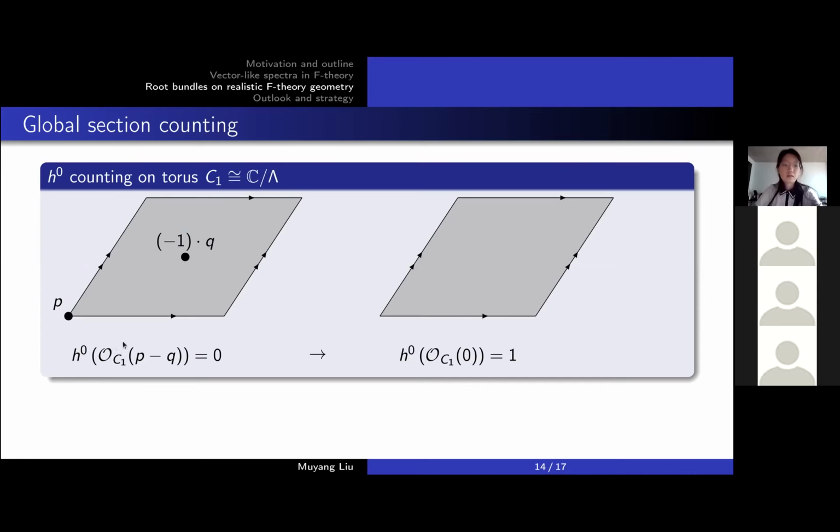If those 2 points differ, meaning they sit on different positions on the torus, then we conclude that the divisor localized on this curve is non-trivial. Then it is associated with vanishing local section counting on the torus. If we move the Q to the same position as P, such that the resulting line bundle is trivial, then we conclude that the local section counting on it is 1.